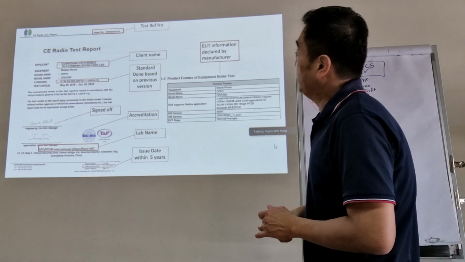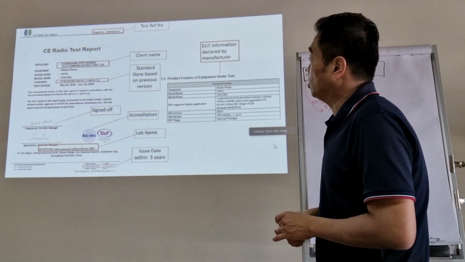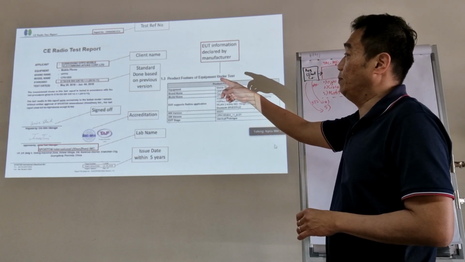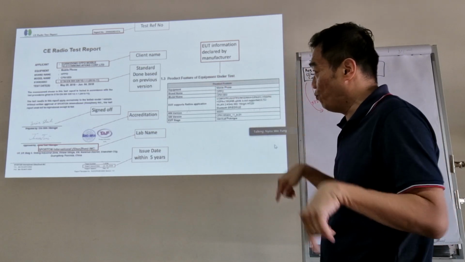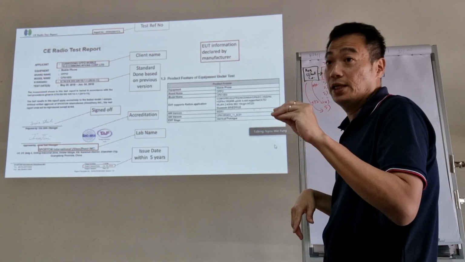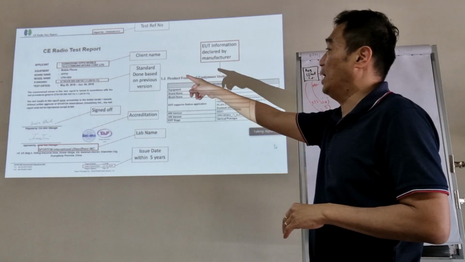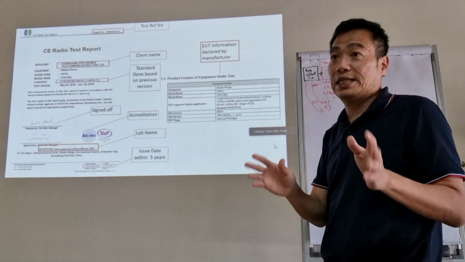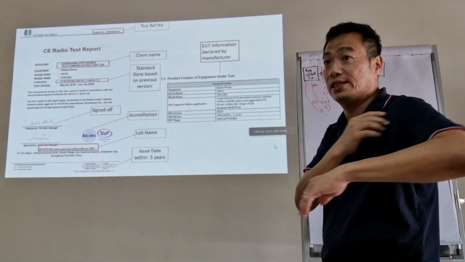If the standard was done based on the previous version, within the approved period, the 5 years period, even if they did the older version during that time, because it's still accepted, we cannot force the client to upgrade the test.